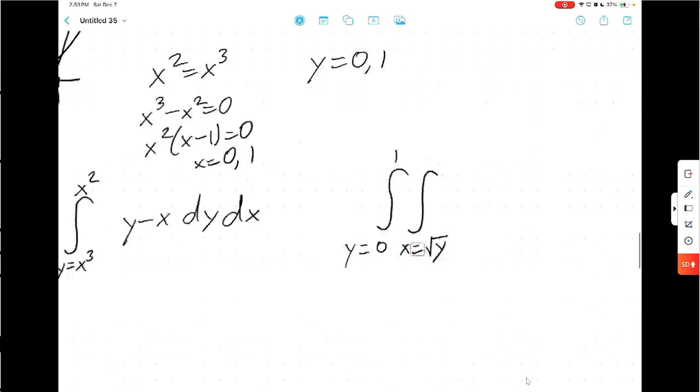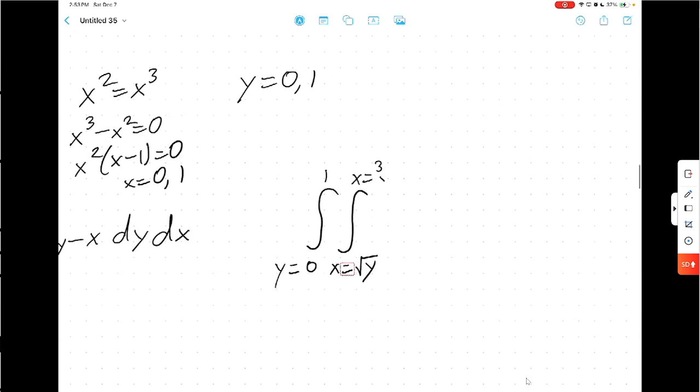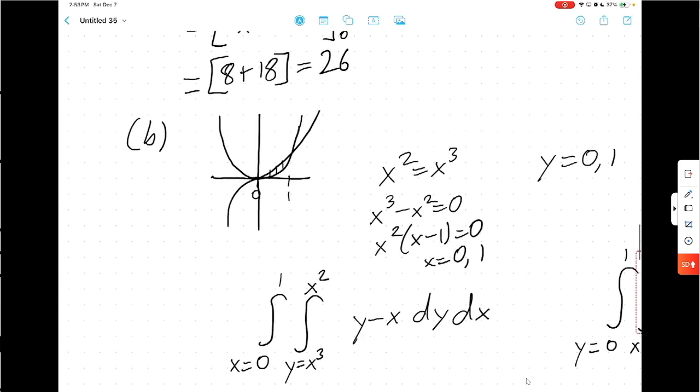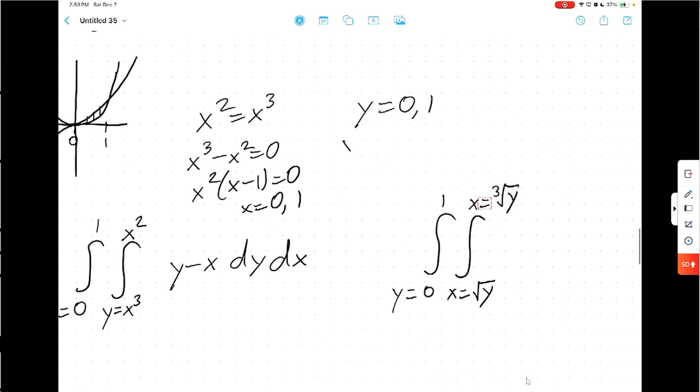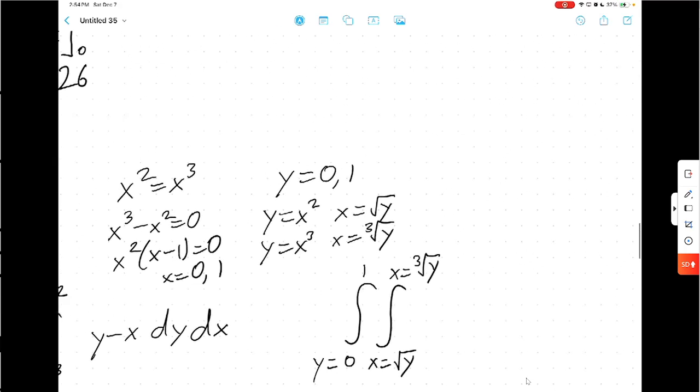And then I think we're just going to get x is equal to cube root of y on the top. Are you just rewriting the equation? Yeah, we're essentially just rewriting y is equal to x squared and y is equal to x cubed. X is equal to root y. X is equal to cube root of y. We only want the positive anyway because this entire thing is confined in the first quadrant.